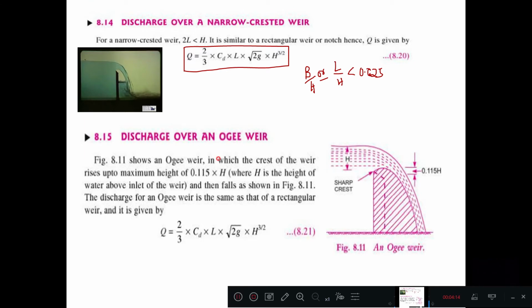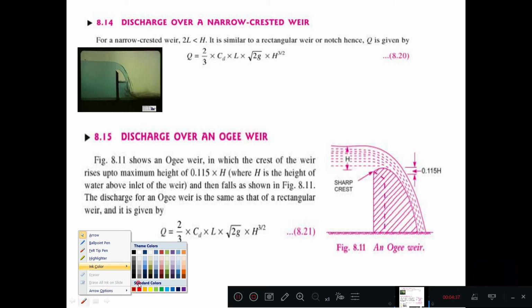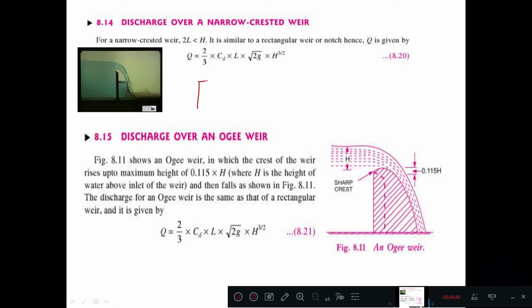Even for a narrow crested weir, this is not the 0.625 case. For a narrow crested weir the crest is narrow like this, the water is flowing like this, and the B by H ratio is in between 0.625 and 2.5.